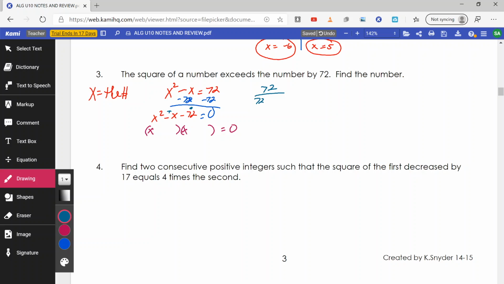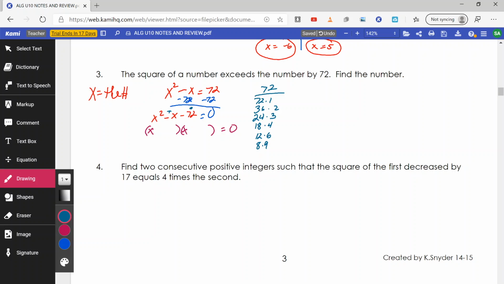Well, 72 times 1, 36 times 2, 24 times 3, 18 times 4, 12 times 6, 8 times 9. So we have much more options here.